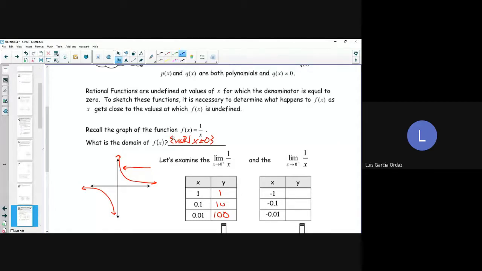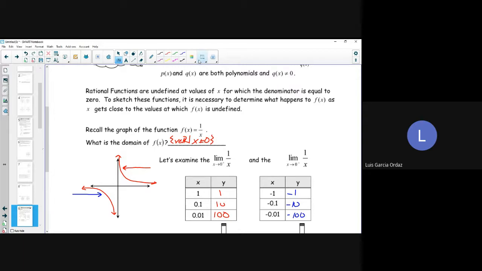And now we also need to look at the limit as 1 over x approaches 0 from my left-hand side, which is from here. So as you can see, at -1, it gives me -1. At -0.1 gives me -10. And then -100.